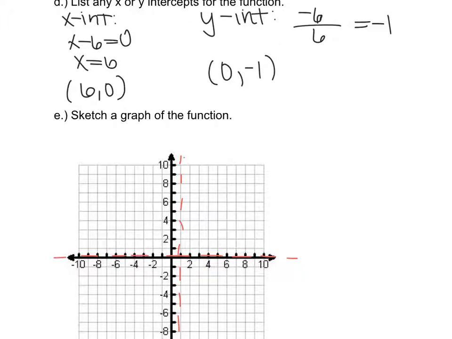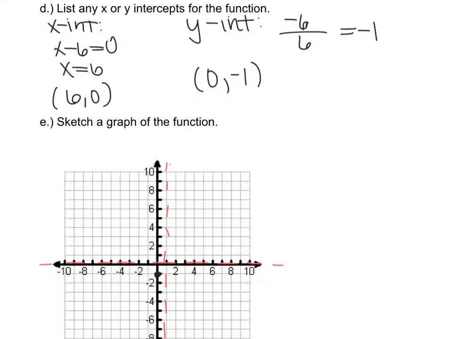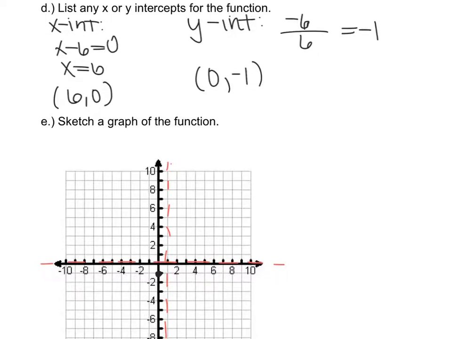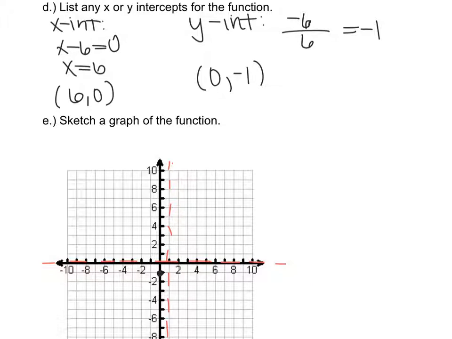Now if we graph our x-intercept and our y-intercept, our y-intercept is 0, negative 1, and our x-intercept, which is 6, 0, which happens to be where our hole is at, would actually be a hole at 6, 0.